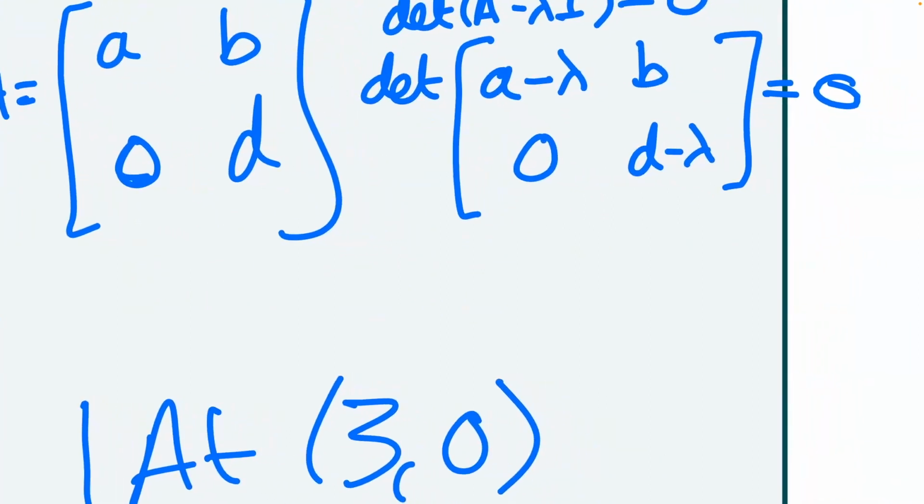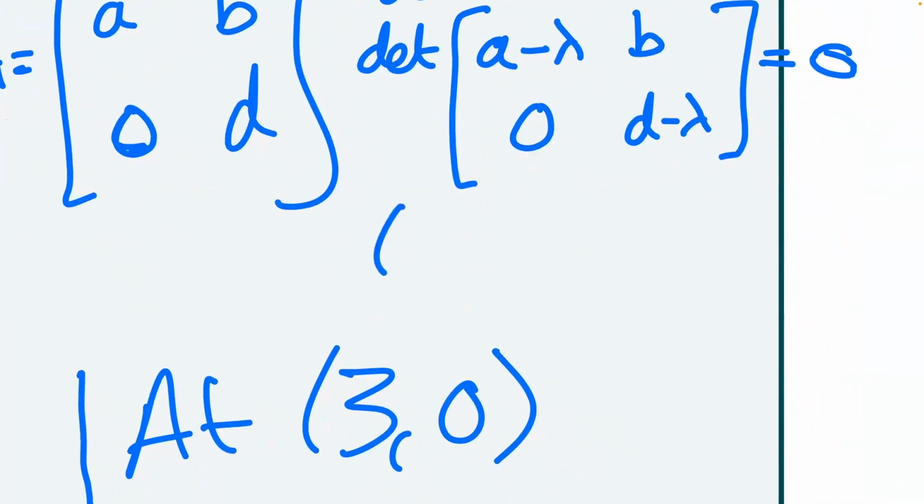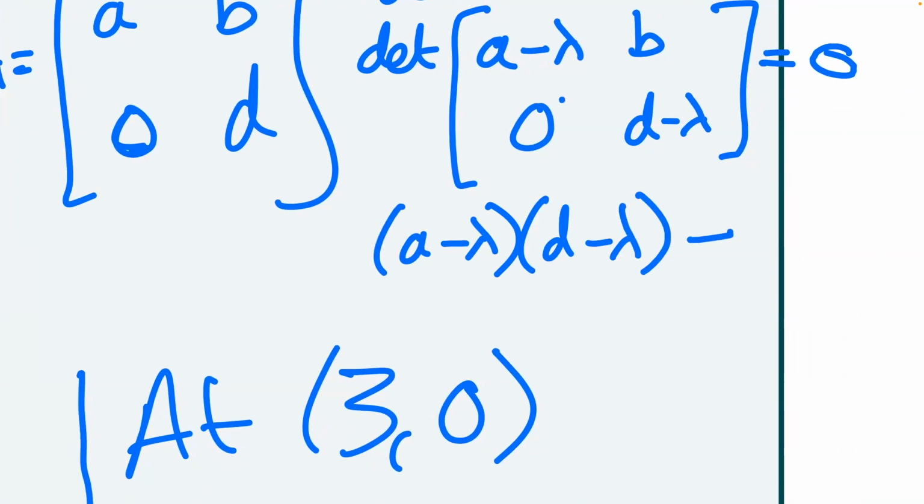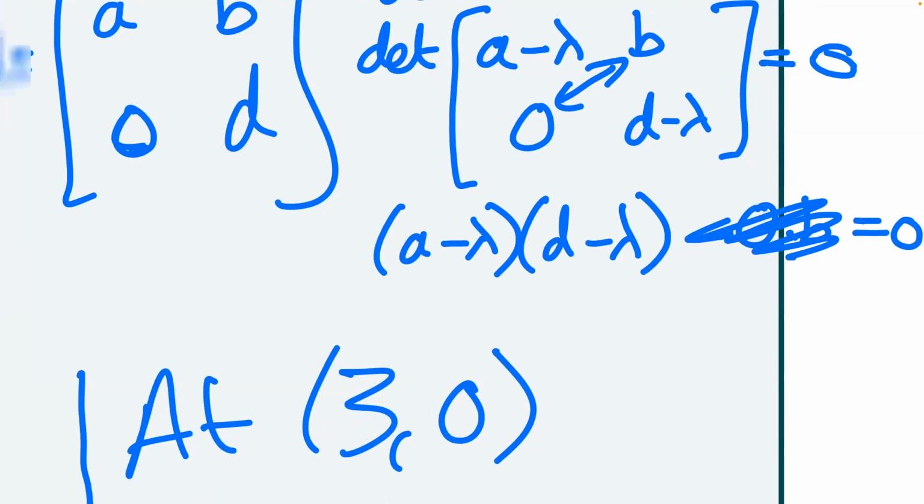If we calculate the determinant of this matrix, I end up with a minus lambda times d minus lambda, minus 0 times b. 0 times b is just 0, and remember, we're setting the right-hand side equal to 0. So this is a quadratic, but it's already factored.